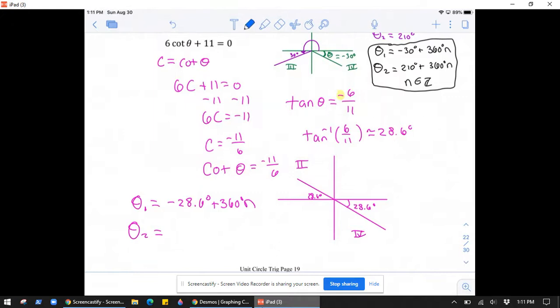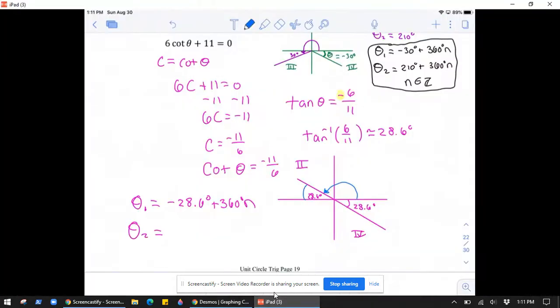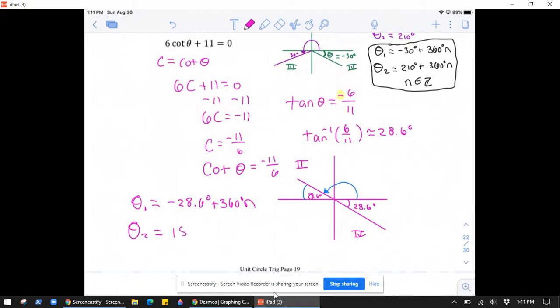If that reference angle is 28.6, I'd have to rotate that amount, which is 180 minus 28.6. So 180 minus 28.6, 151.4. Okay, plus multiples of 360, where n is an integer.